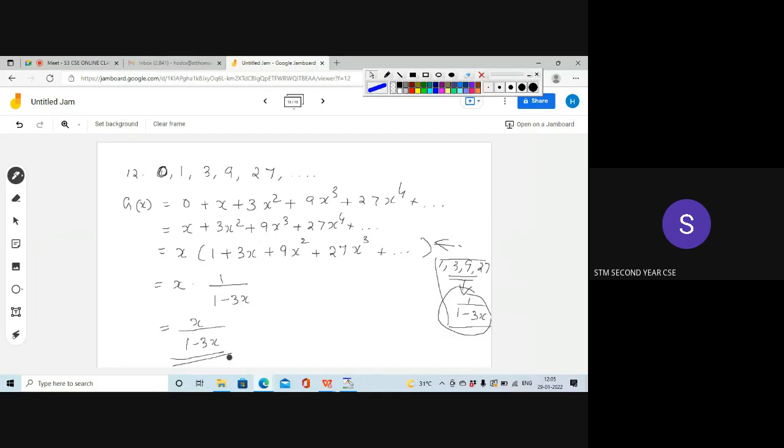Okay, so this is the generating function for the sequence 0, 1, 3, 9, etc. For the sequence 1, 3, 9, etc., it is 1 by 1 minus 3x. For 0, 1, 3, 9, etc., the generating function is x by 1 minus 3x. Okay, so as the series differs, you get different generating functions.